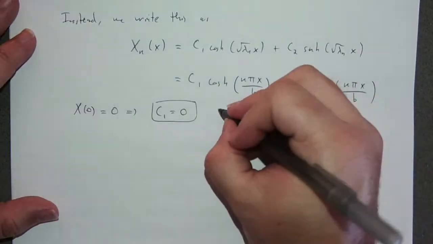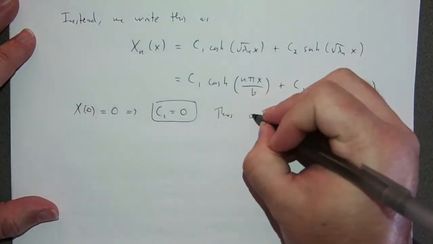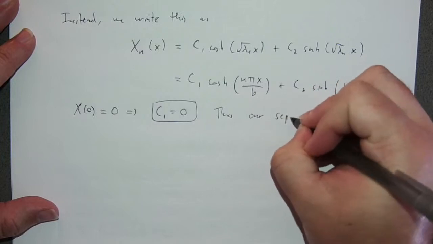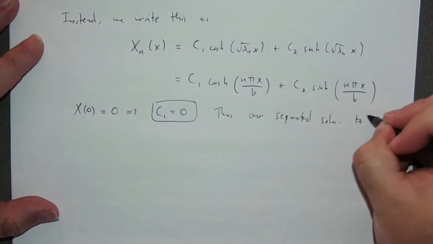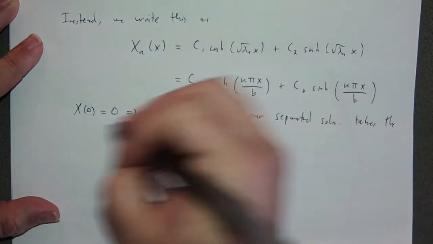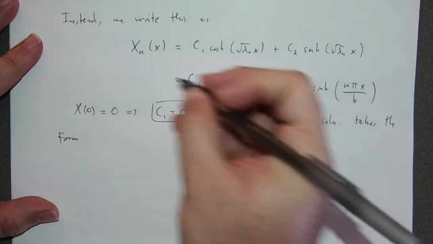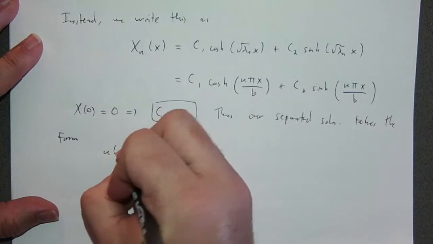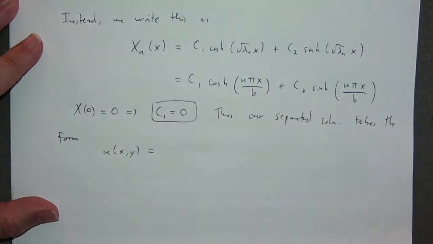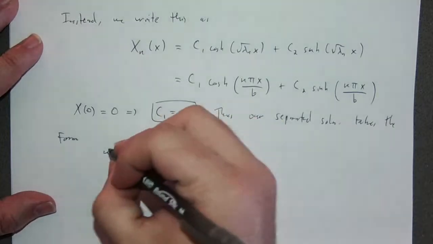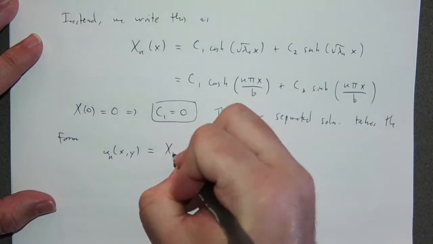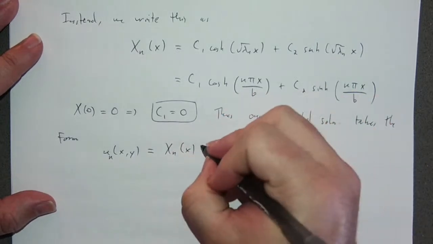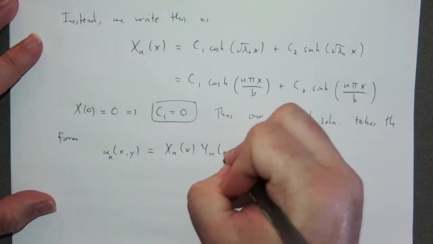Thus, our separated solution takes the form u of xy, which we have written as, and maybe I should write this as u sub n of xy. This takes the form of x sub n of x, y sub n of y.